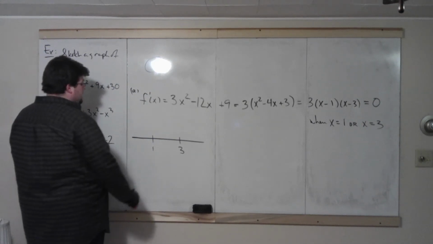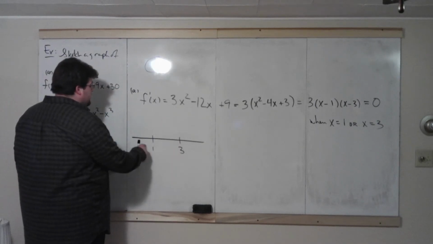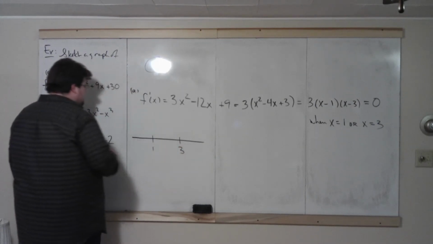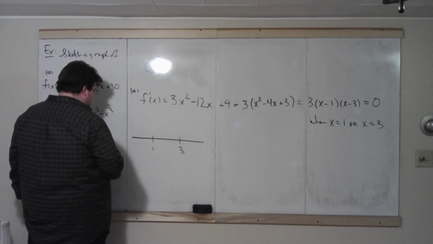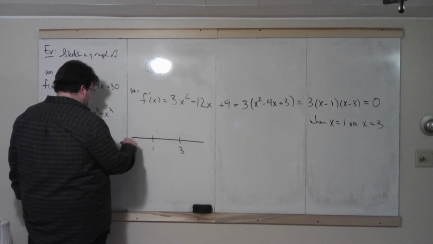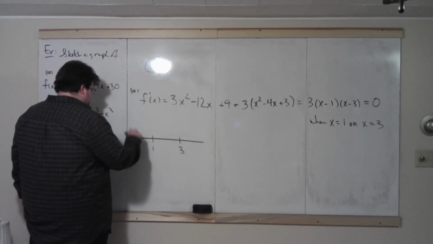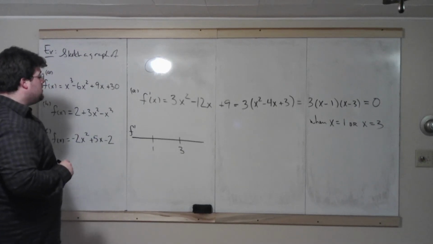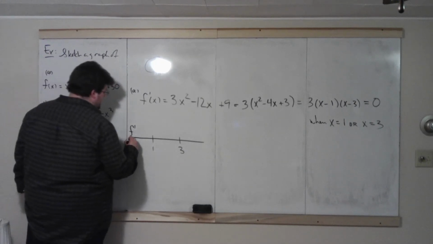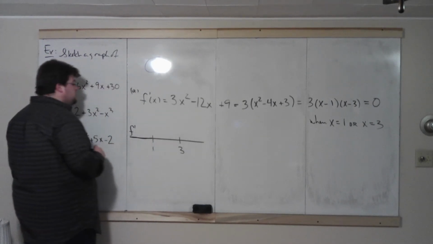And how can we do that? Well, we can evaluate the first derivative at a point in each of these intervals. F prime. Let's start over here. Here we're on the interval negative infinity up to 1.